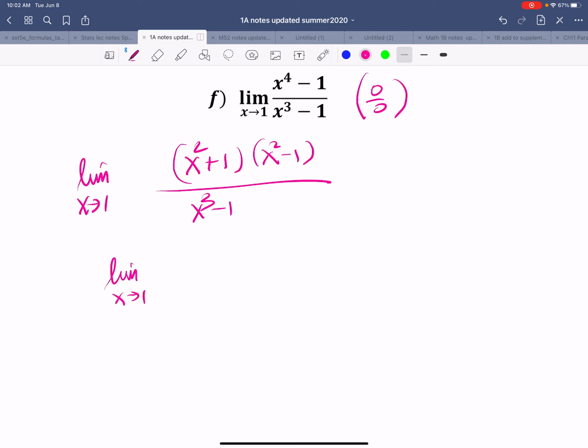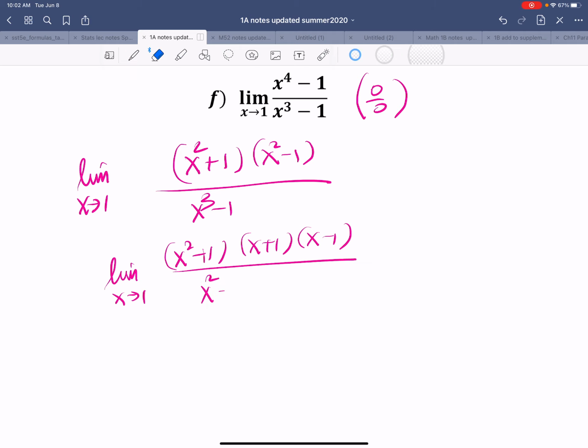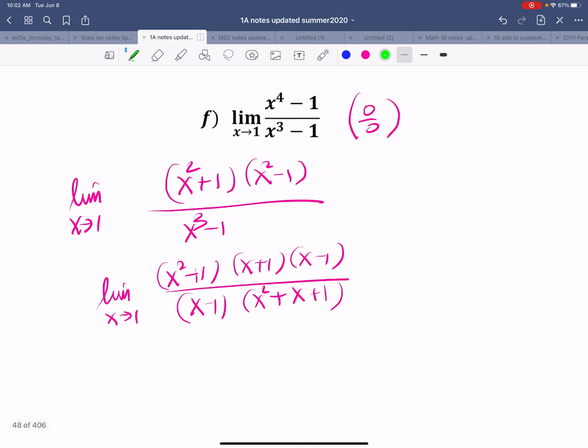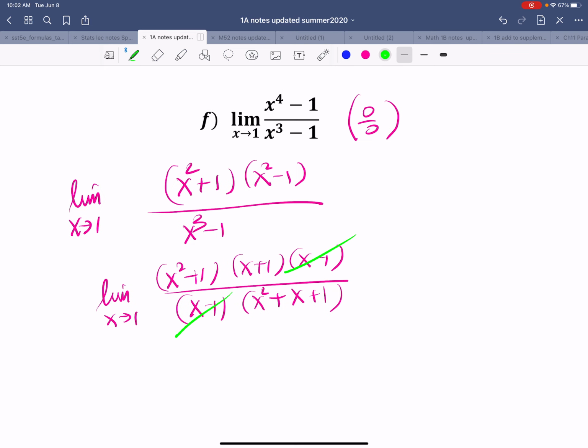Limit as x approaches 1. We have x squared plus 1 times x plus 1 times x minus 1. In the denominator, when we factor x cubed minus 1, that would be x minus 1 times x squared plus x plus 1. Let's cancel the common factors. x minus 1 and x minus 1 are gone.